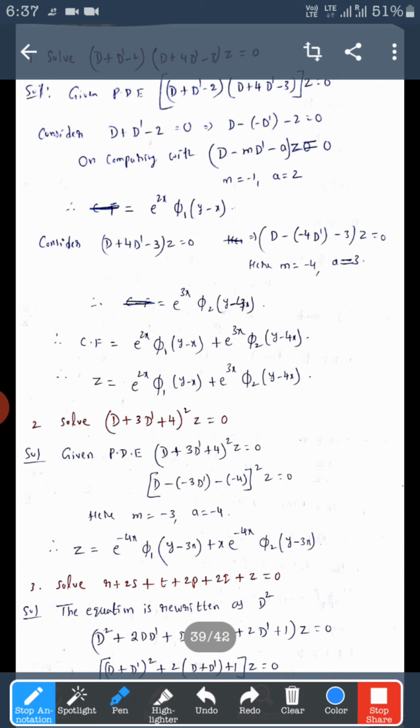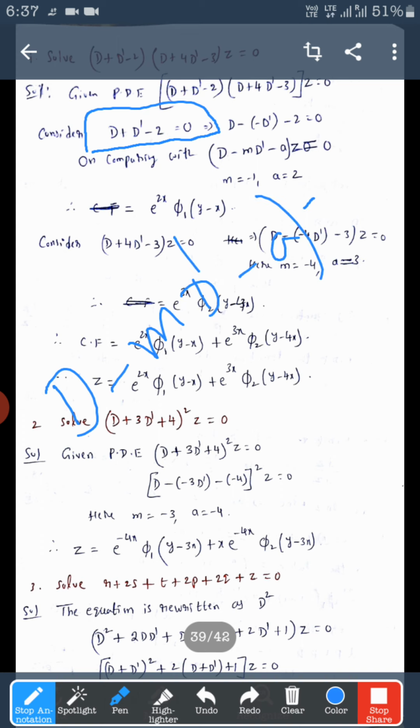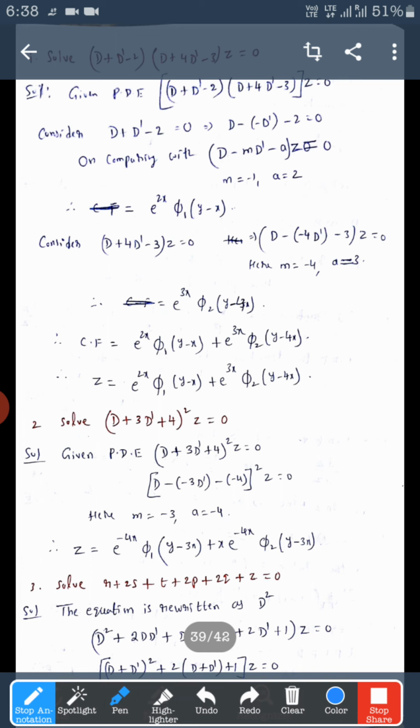First we consider this one, D + D' - 2 = 0. This may be written in the form (D - mD' - a)z = 0. If you compare with this form, m is equal to -1 and a is equal to 2.